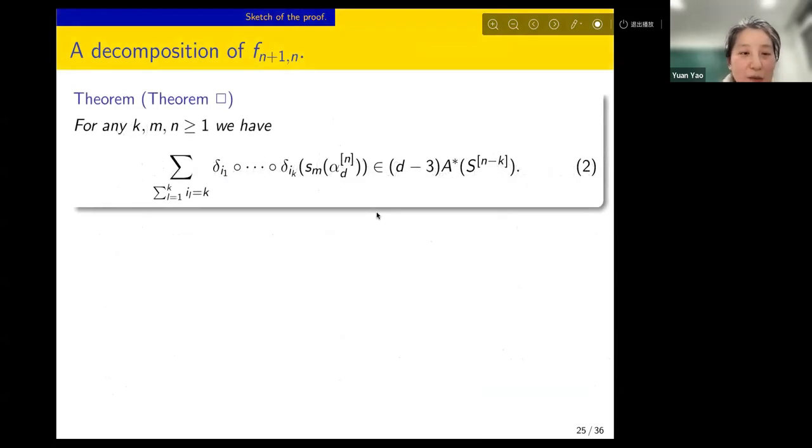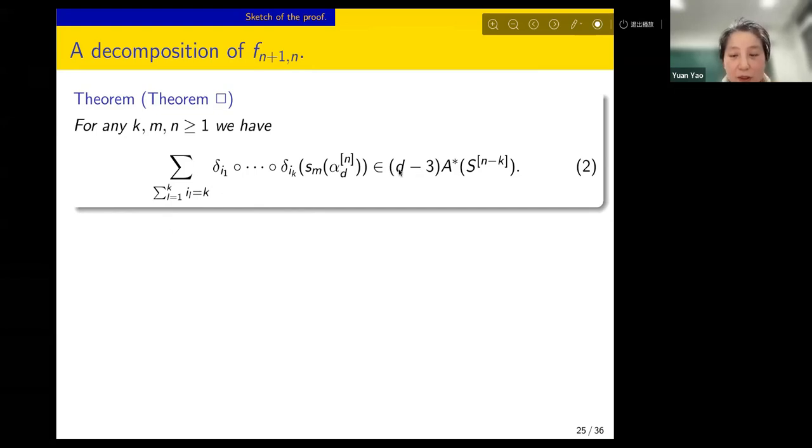But we have our formula, so the theorem. The theorem implies our main theorem. The theorem is about the deltas. So now we don't have F because we decomposed the F. Now for delta, we have this lower index at 2pk, which is equal to the number of the deltas.